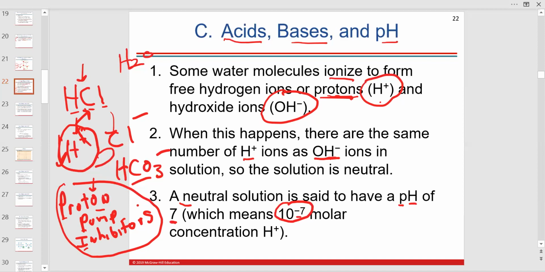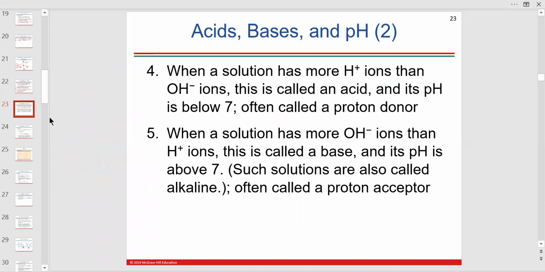It's something like a hundred million, whatever it is, ions of hydrogen. So this is a minus number, an inverse scale, but it's still 7 on our pH scale. Some books have a nice table showing you the range, but it's kind of simple to remember.